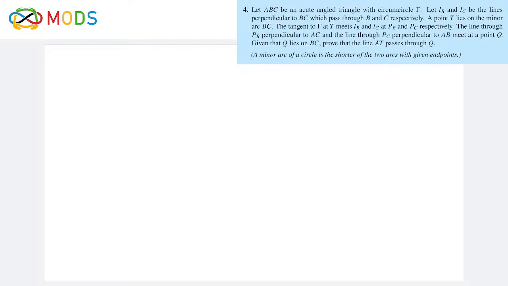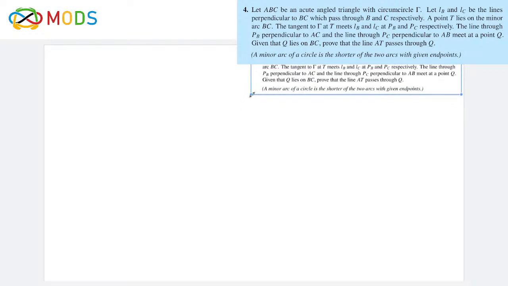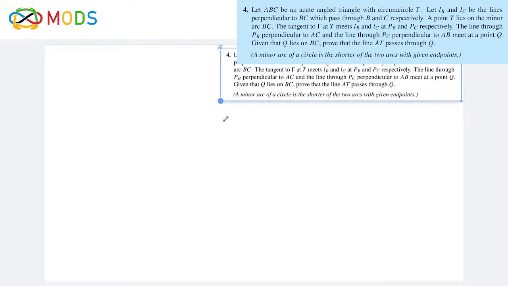I'm screenshotting it, watching the screen to see the problem. Alright, geometry. Do we do a GeoGebra diagram or do we just freehand? We can freehand it. Alright, let's freehand it.